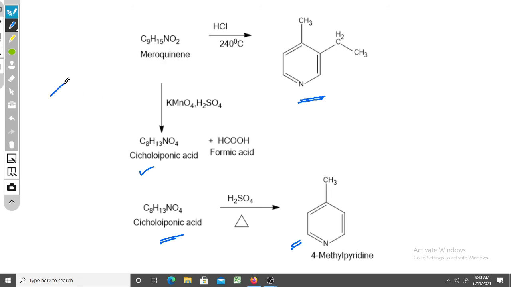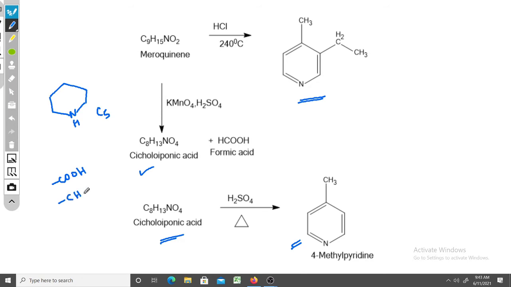So the main structure is this pyridine unit. Then here there is 1, 2, 3, 4, 5. C5 is the. Then in meroquinine and cincholoiponic acid there is a COOH group. Okay, one group is COOH group.